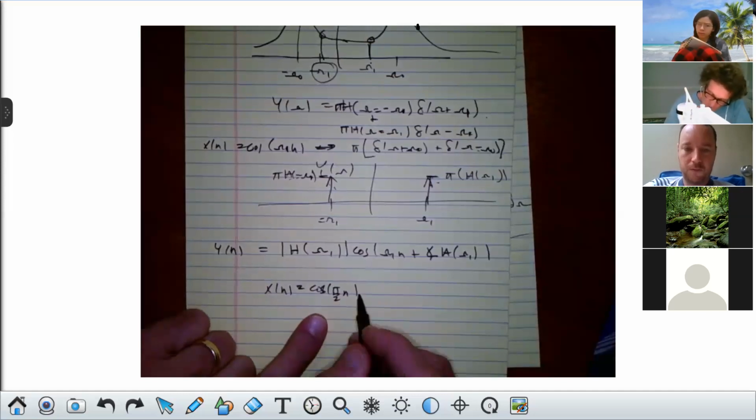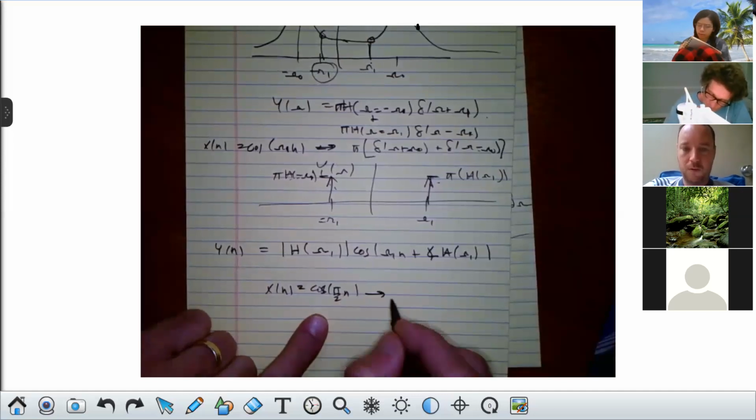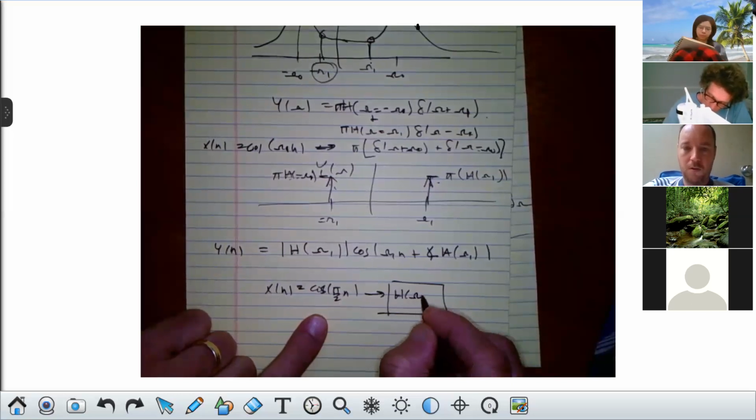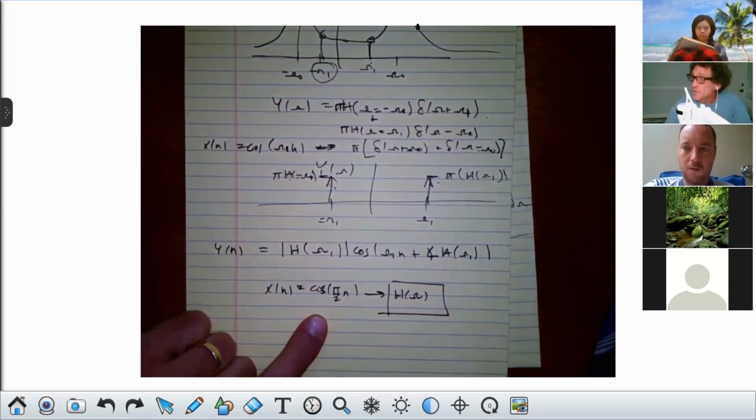My x of n is cosine of pi n. It goes into a filter that has a transform H of omega. It doesn't matter what that transform is. It wouldn't matter what we had here. If we had an explicit mathematical functional form, that's the only thing we need.